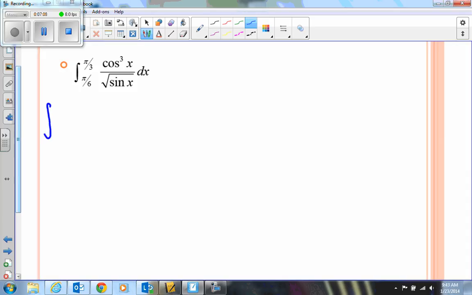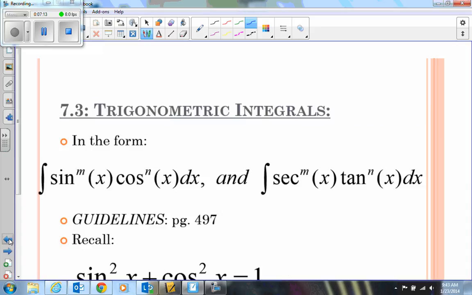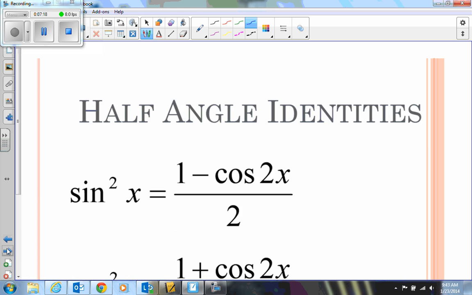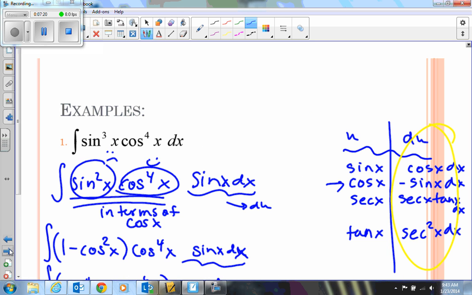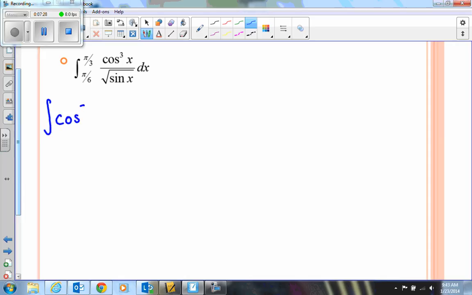Now, when I first started, we kind of said, well, these rows, we want them in the form like this. That doesn't quite look like that, does it? How can I make it look like that? Okay, so I can make that cosine cubed and sine to the negative 1/2.